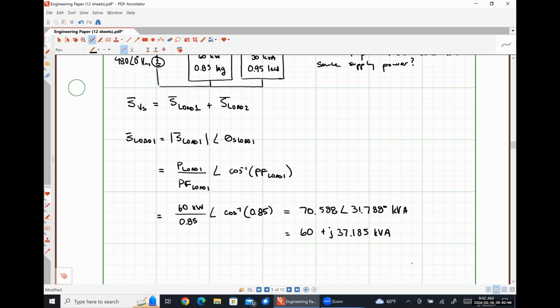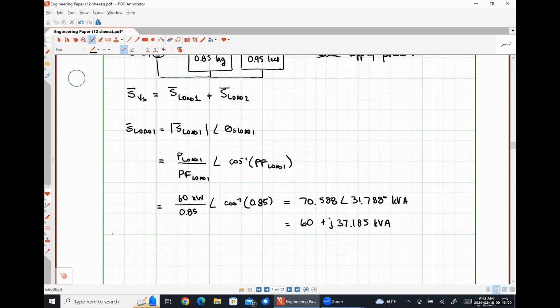So we were told that our power factor is 0.85 lagging. So our power factor angle should be a positive number, somewhere between 0 and 90 degrees, right? Because we have a lagging power factor, theta S has to be between 0 and 90. It is. Our inverse cosine operation is always going to give us a positive angle.